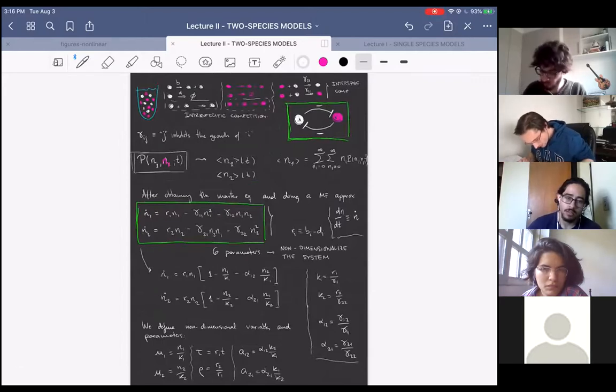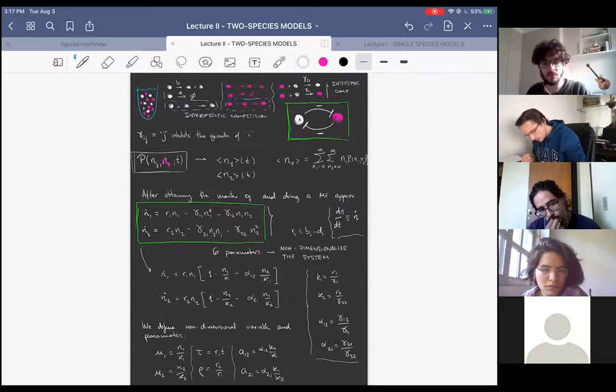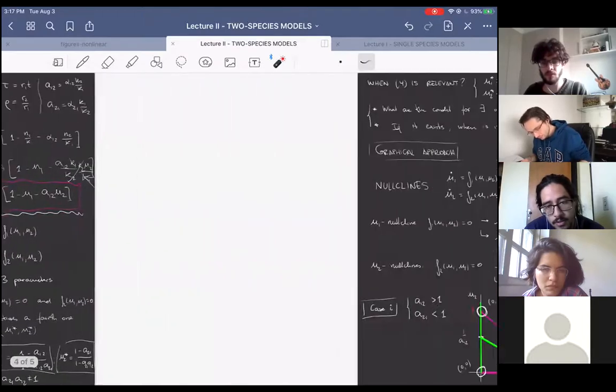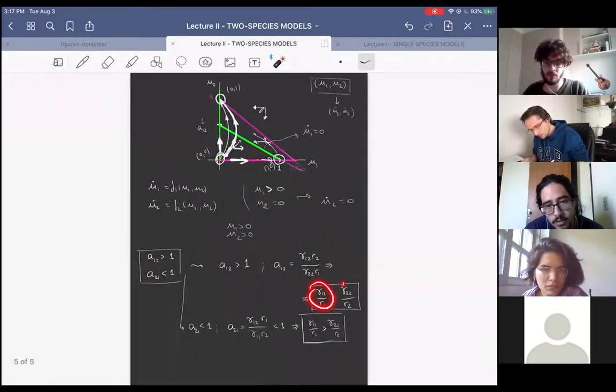Yes, we did. Where is it? Gamma. Yes. So here, if you consider the definitions of the alphas and you put the definition of the current capacities, you will see that these coefficients here are basically these coefficients here.